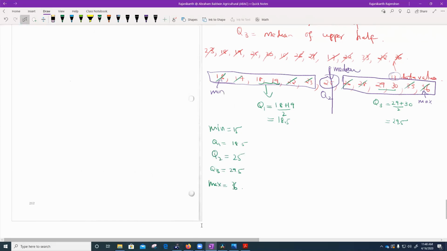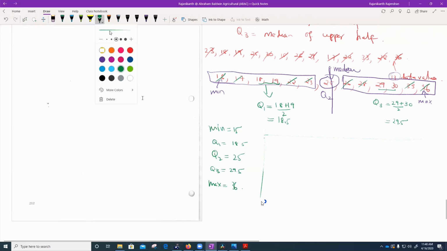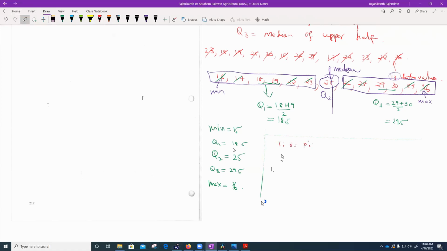So let me write down the steps we follow when you use the calculator. I'm going to use my calculator, the TI-83 Plus. Go to stats, go to edit.